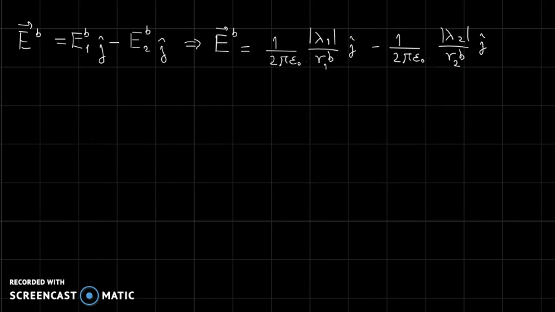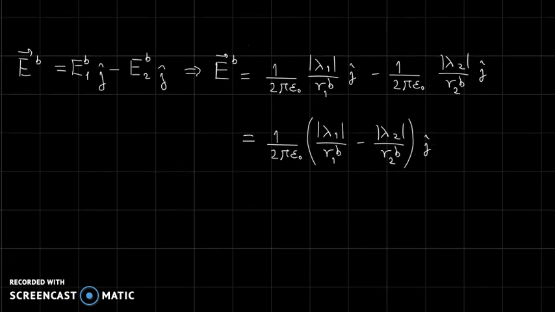Here I have set up the equation for net electric field vector at point B. One main difference is that now we're subtracting E2. Also note that instead of R1A and R2A, we have distances R1B and R2B. Again, let's factor out the common terms.